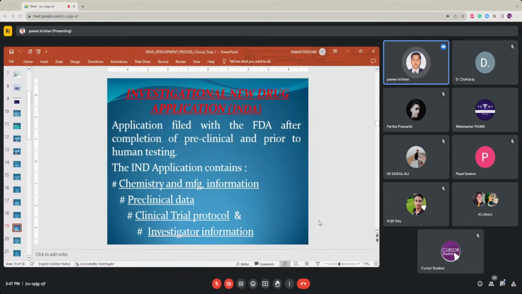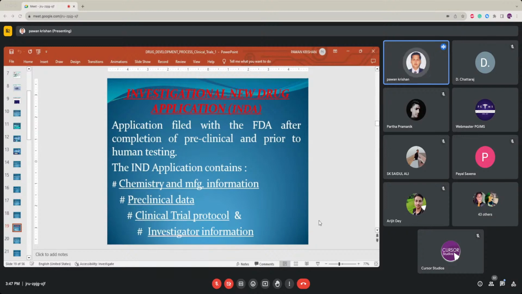Suppose a new drug is X, and after entering the body, it breaks down into 4-5 metabolites. Suppose X1, X2, X3, or X4 like that. So you have to find out and identify all those metabolites. You have to find chemical methods to identify, to analyze, and do the assay of all those metabolites that are formed, which are unknown to us till now.